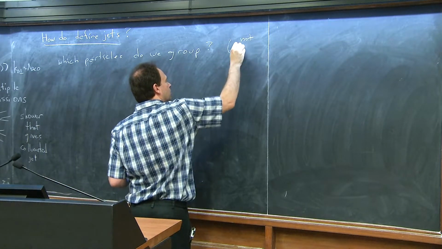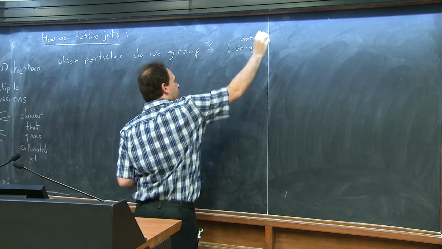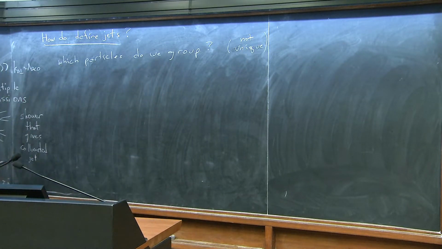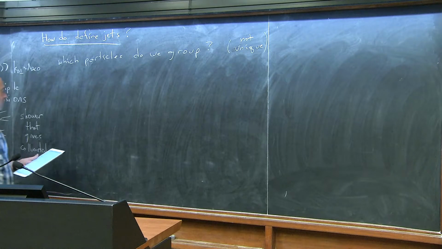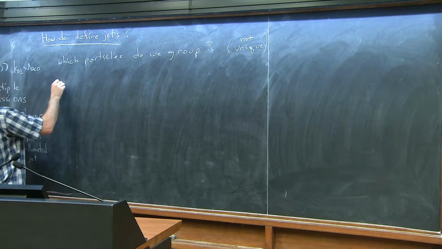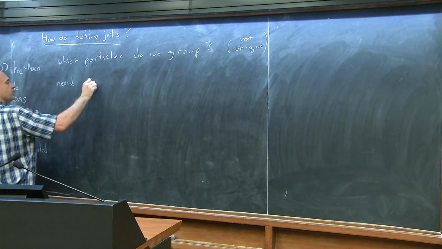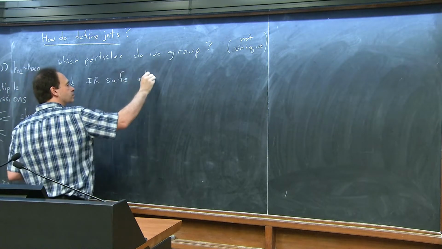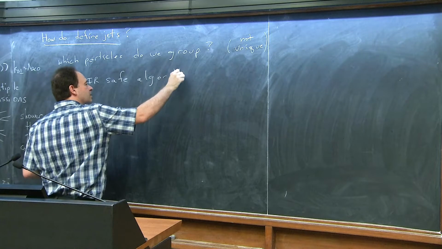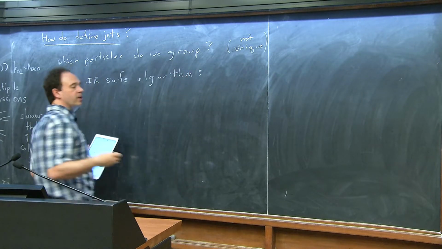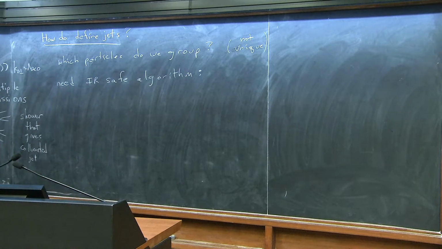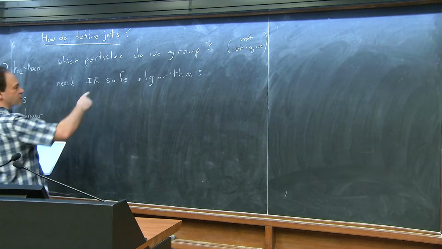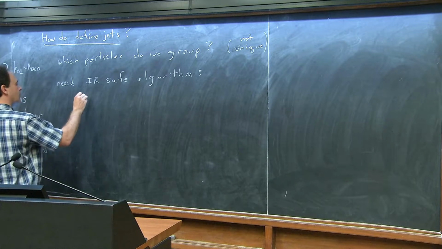It's a non-unique question, but we should come up with some reasonable algorithm to do that. One thing that the algorithm better satisfy is what's called infrared safety. That means that where these infrared singularities occur, if I have some kind of infrared process where it's collinear or soft, it shouldn't change the outcome of the algorithm.